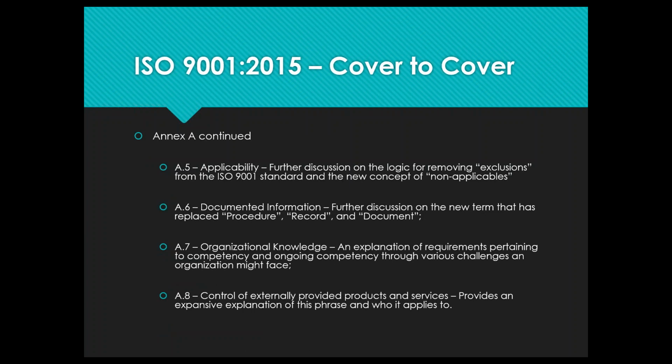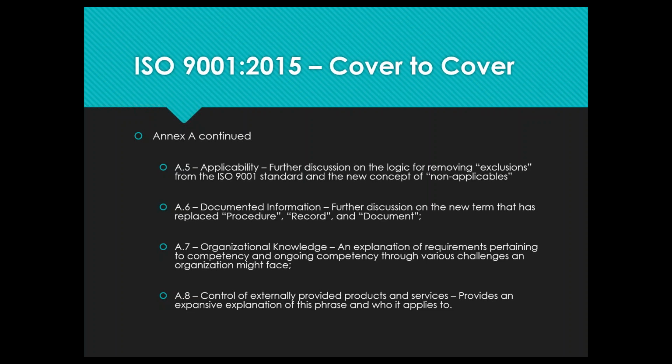In Annex A5, applicability, there's some discussion on why the term exclusions was removed. That had appeared as recently as the 2008 version of ISO 9001. In Annex A6, they talk about the phrase documented information and the fact that that phrase replaced the terms procedure, record, and document.